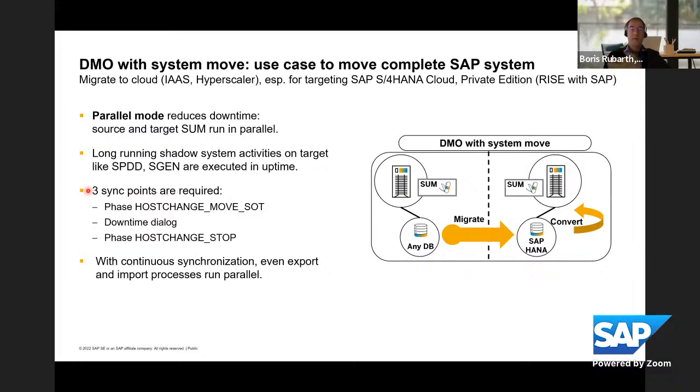Now it's up to you to either use the script, not available for this scenario with different operating systems, or you will manually copy the SUM directory from Windows to the target Linux, the complete SUM directory at this point in time. Well, obviously, there are some executables from Windows which do not fit to Linux. So afterwards, you will have to extract the respective SUM archive for Linux over the SUM folder that you've copied.